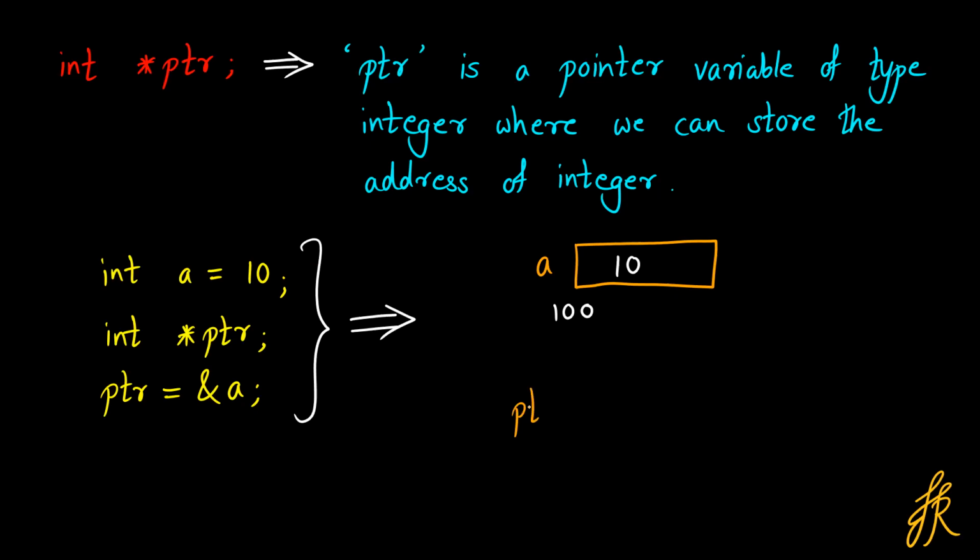So ptr is a pointer variable and we are trying to store the address of a in this ptr. So we'll store 100. Fine. So if we store 100, what will happen? We will point here to that particular integer.